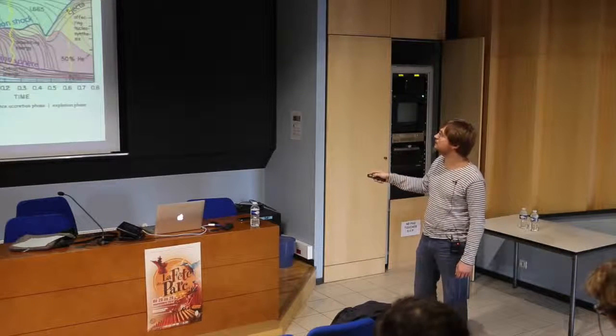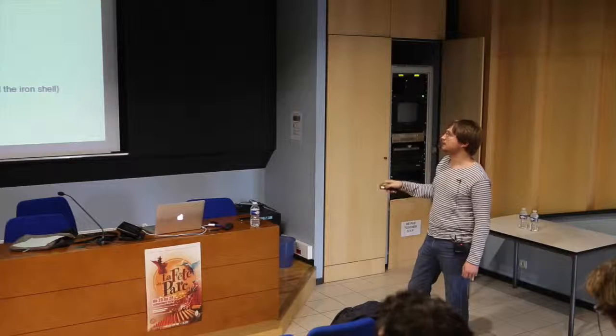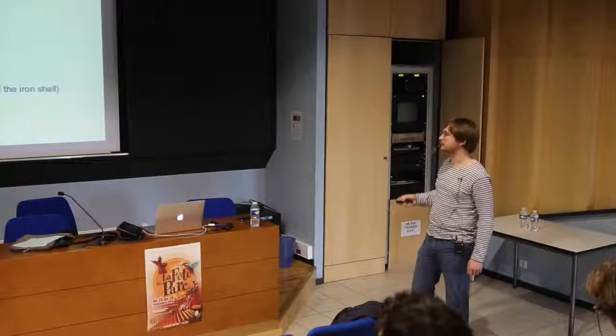This is typically the case here when you produce this neutrinosphere, when the neutrinos go through here and produce this shock where you will produce new nuclear reactions in the envelope. You will produce a lot of neutrons here, and this is a typical place where the r-process can take place.